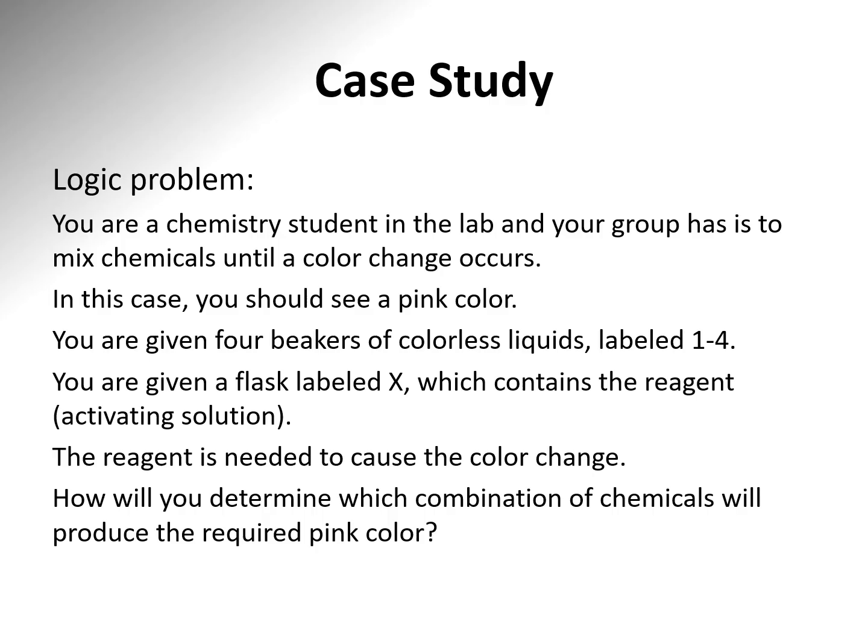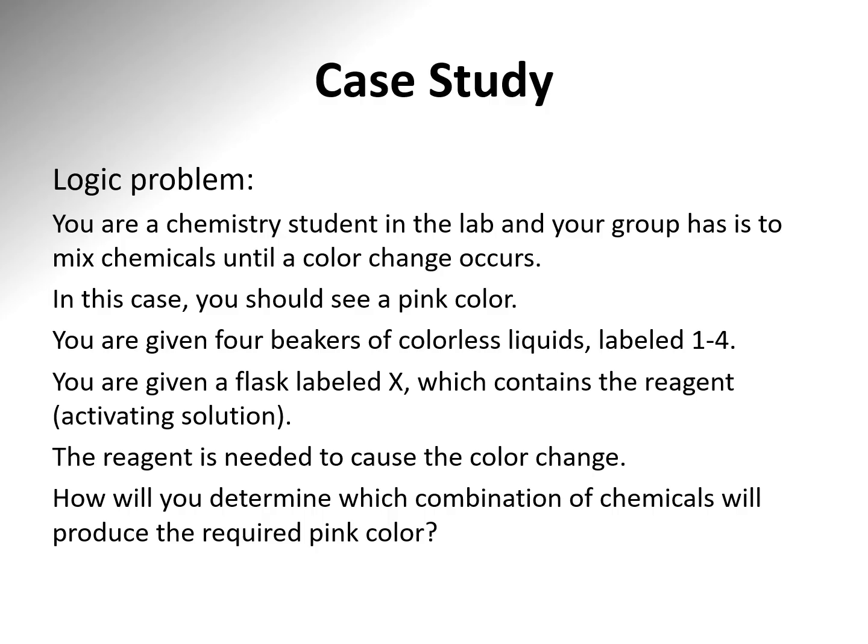Here is another case study before we conclude this module. Suppose you are a chemistry student in the lab and your group is to mix chemicals until a color change occurs. In this case, you should see a pink color.